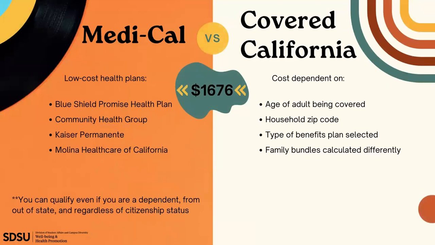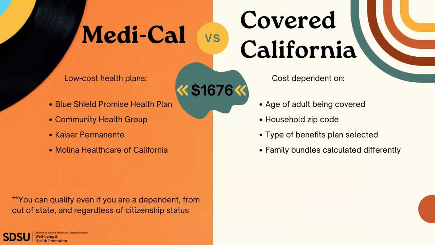In California, there are two main types of health insurance plans that you can apply for depending on your monthly income. There's a whole chart of household sizes and incomes that you can look up on the Medi-Cal's website. But for the purpose of this video, we will be using the one-person household income, which is $1,676 per month.